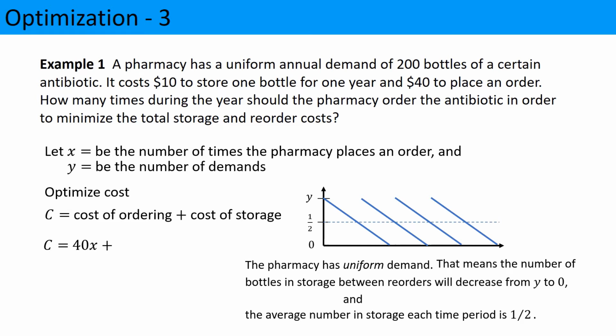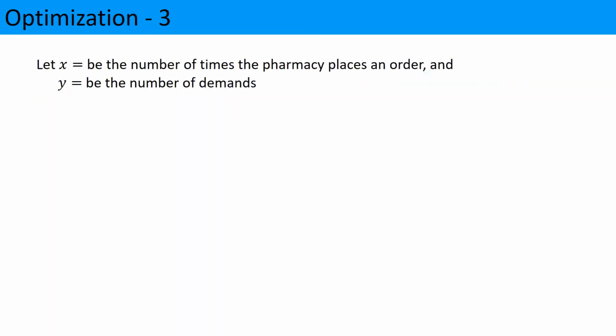So, with the cost of storing one bottle at $10 and the number of demands at Y/2, we get the cost of the storage as 10 times Y/2. Let's simplify to get C equals 4X plus 5Y.